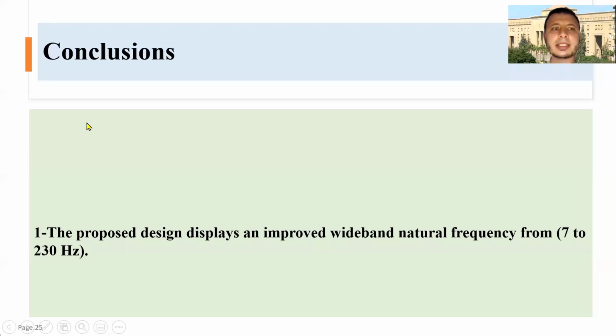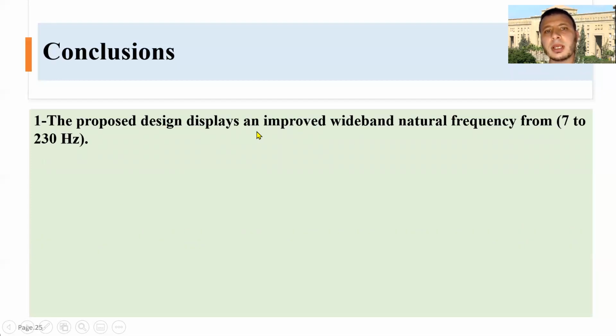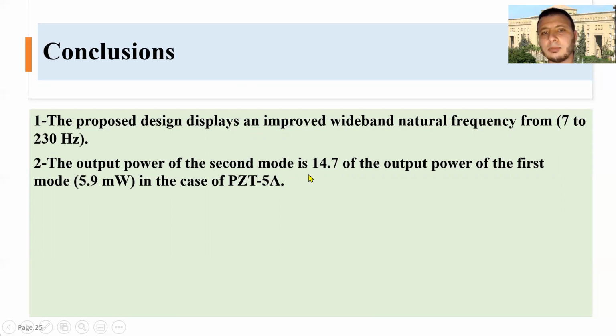Conclusions. The proposed design displays an improved wideband natural frequency from 7 to 230 Hertz. The output power of the second mode is 14.7 times the output power of the first mode, 5.9 milliwatt.